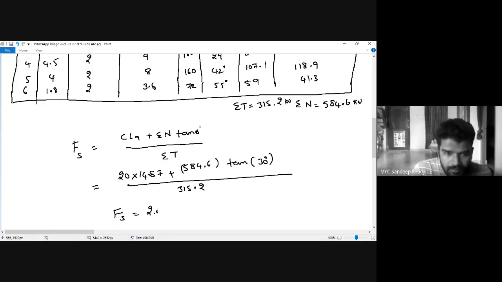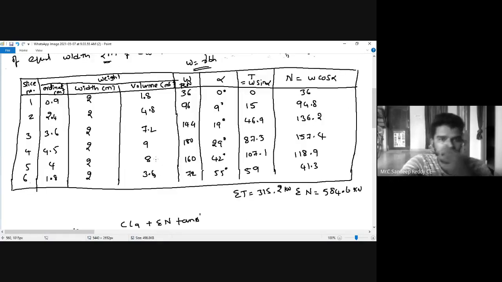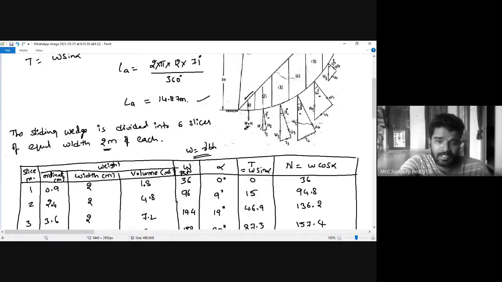Very good. So this is how you have to solve to find the factor of safety of a finite slope problem using the Swedish circle method. This is very, very important. Likewise, you have to calculate for the Bishop circle method also. Because it is also the same.